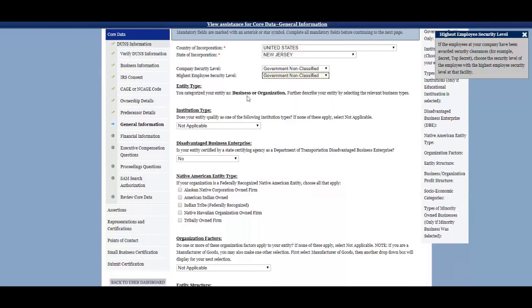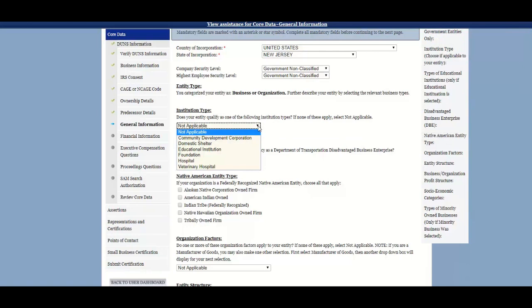It says here you have categorized your entity as business or organization. Does your entity qualify as one of the following institution types? So we're going to hit this drop-down box. Are we a community development organization? No. Domestic shelter? No. Educational institution? No. Foundation? Definitely not.